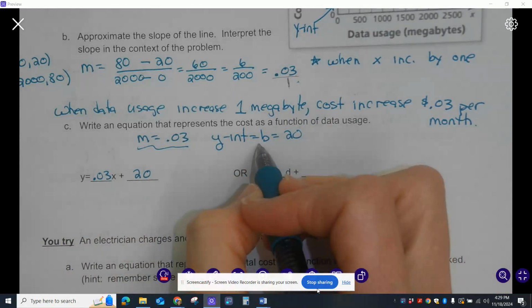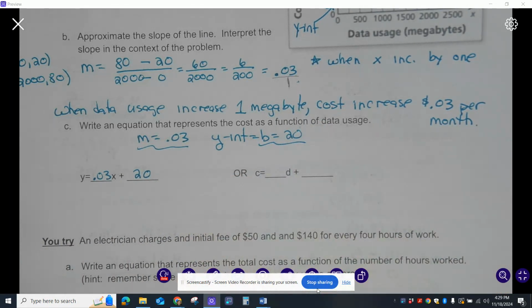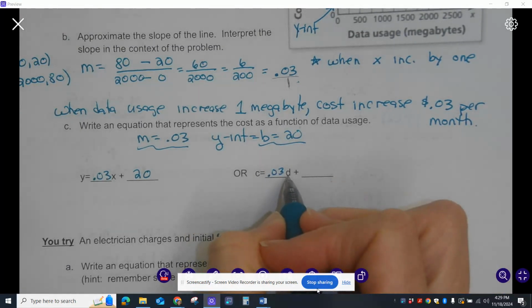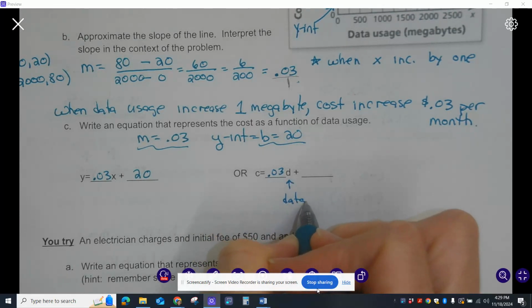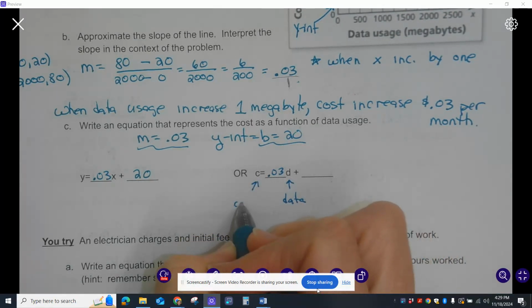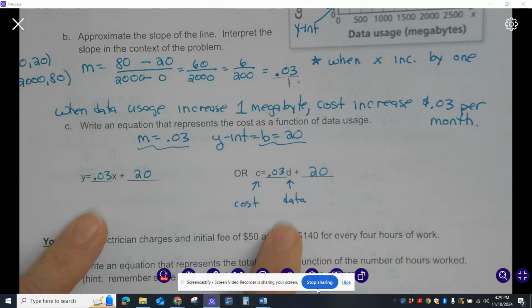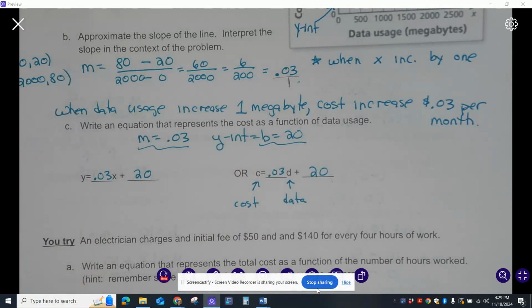That's what we figured out up here. Your y-intercept is 20. Or you could say cost equals 0.03d, where D stands for data and C stands for cost, plus 20. So these are identical. This one is just a little bit more like the context of the problem.